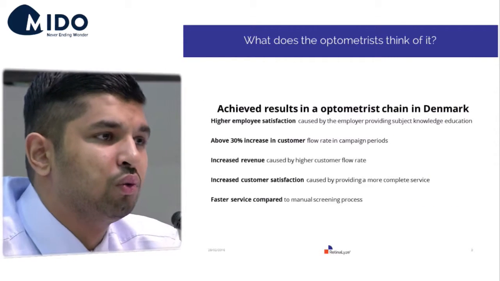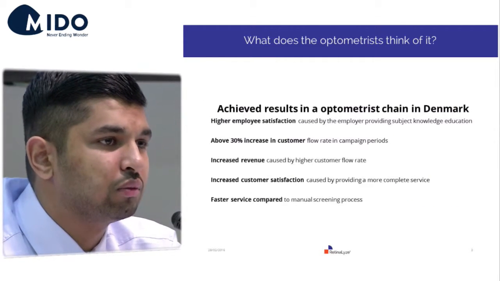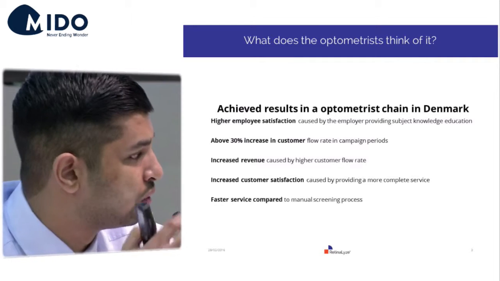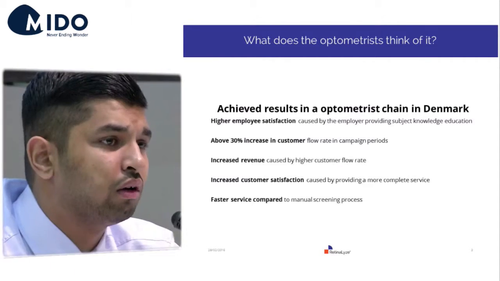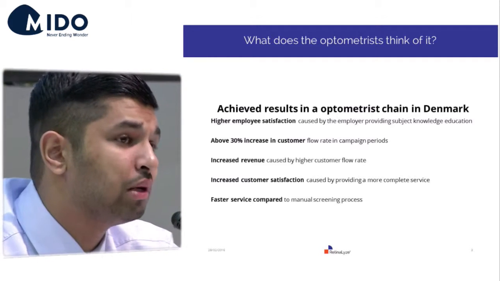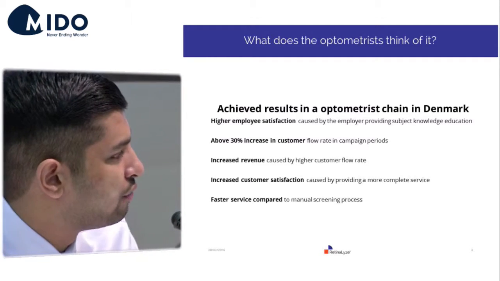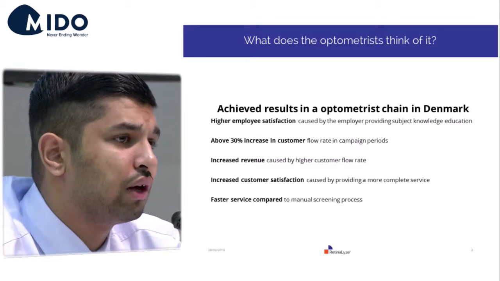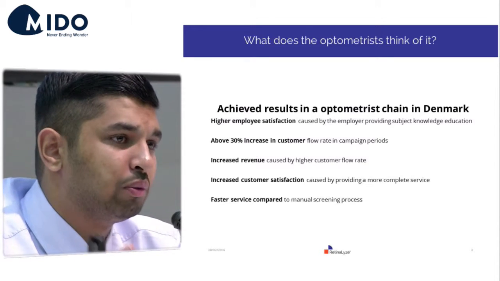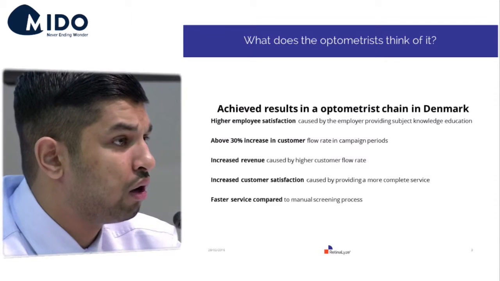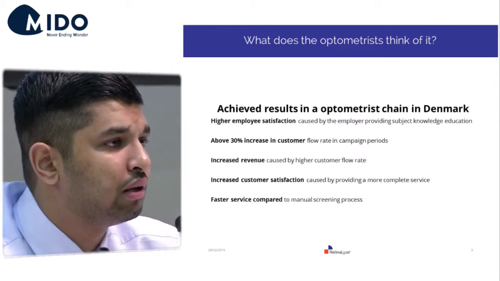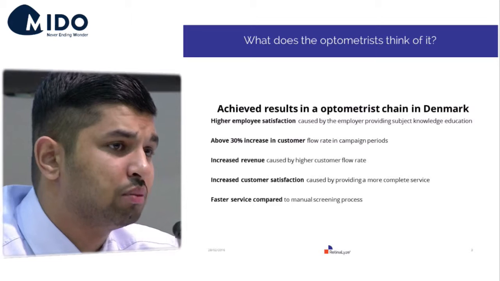Just to show you what effect this system can actually have on your business, I want to show you some results that we've achieved in a Danish optometrist chain. We have seen a higher employee satisfaction, meaning that the opticians in the chain are actually more happy about their job because they can provide a healthcare related service to their customers.